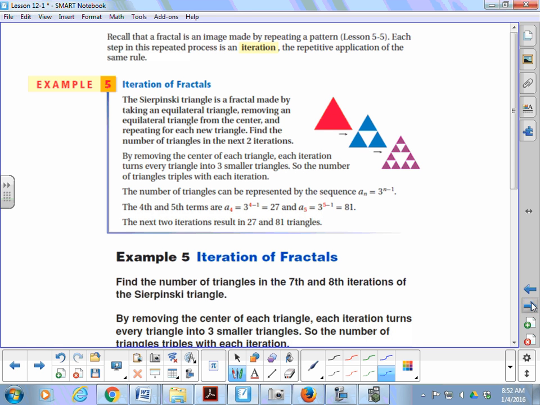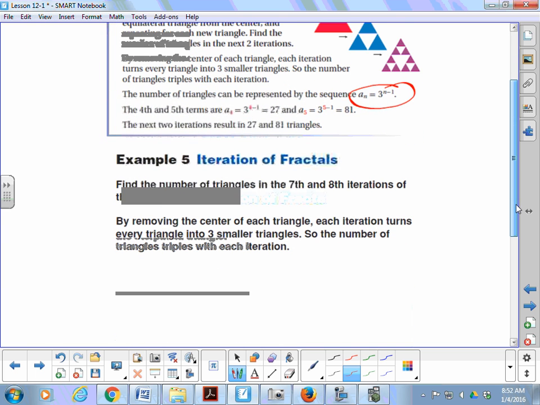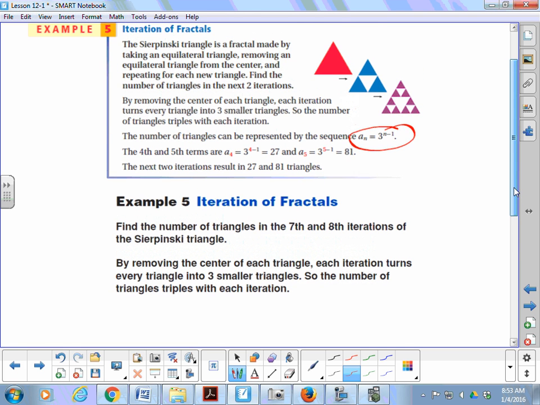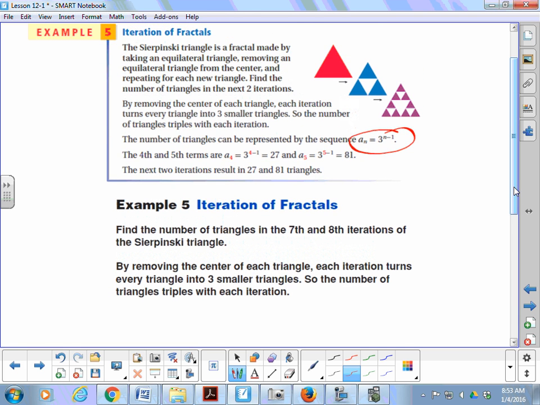So there's actually a pattern here, and they're using a formula to find it. A sub n equals 3 to the power of n minus 1, which works for this specific iteration. So then to get the 7th or 8th iterations, which it's impossible to actually draw by hand, for you to do it, for me to do it.